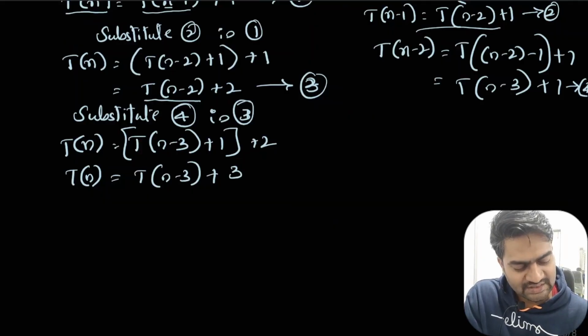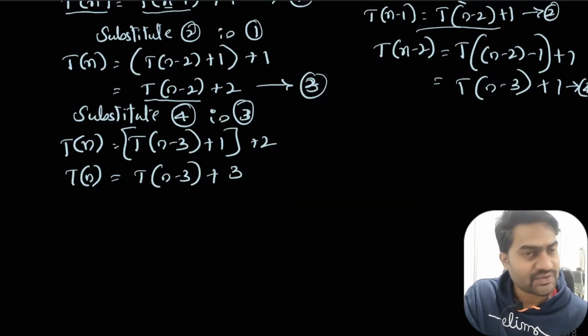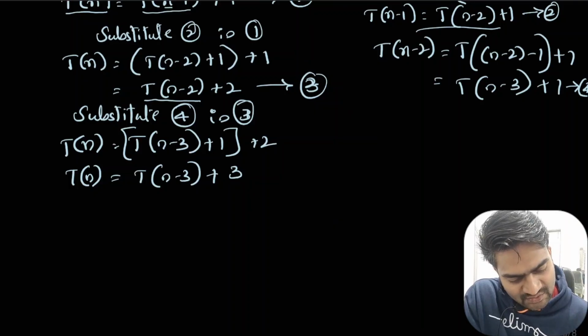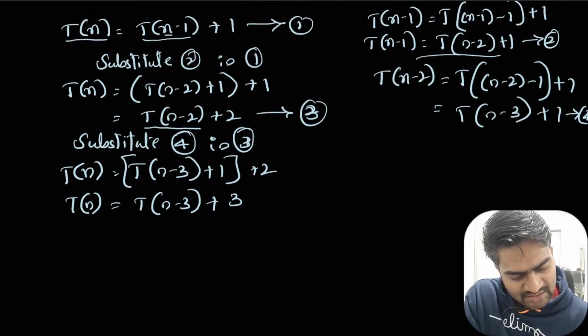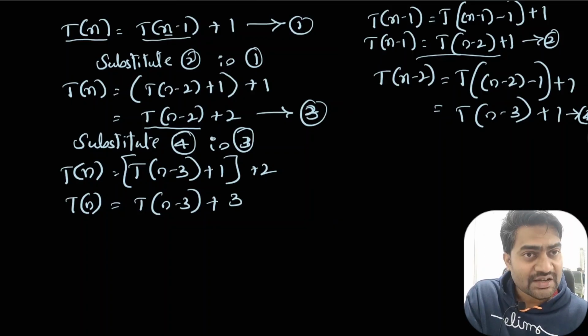There is no need to do it further, because if you observe, when it is Tn minus 1, when it is n minus 2, it is n minus 2 plus 1. When we keep on substituting, we are getting a kind of pattern here.